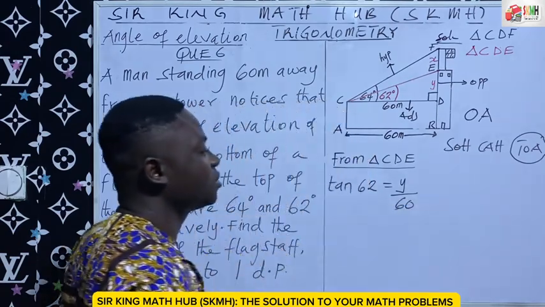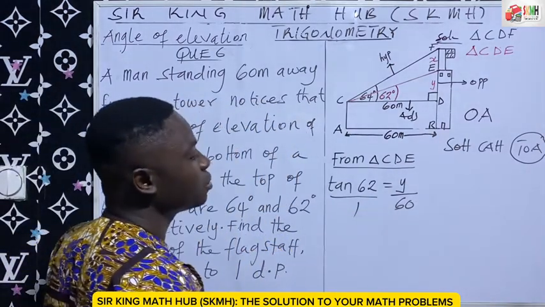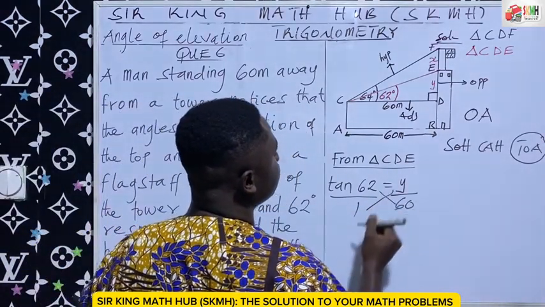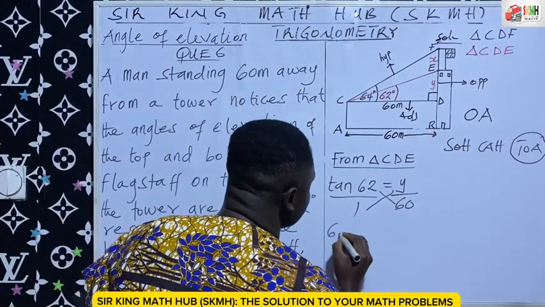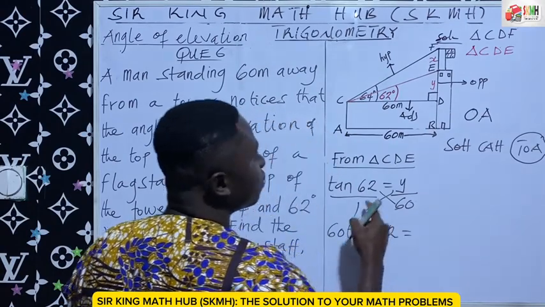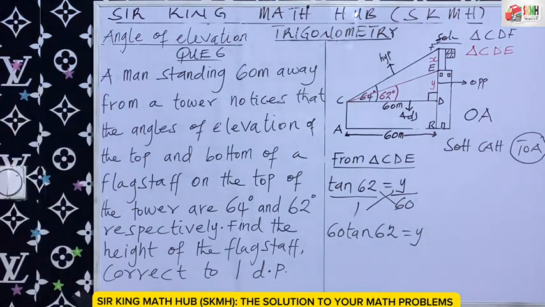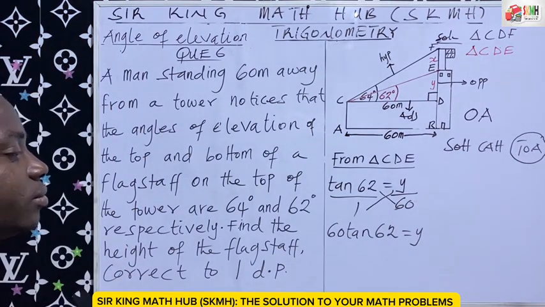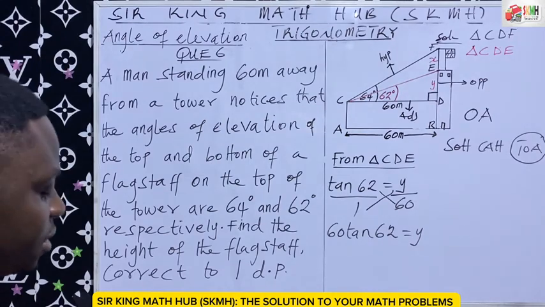Now tan 62 is the same as tan 62 on 1. So we can do the cross multiplication. So 60 times tan 62, and then 1 times y. That should give us y. So from using our calculator, what is 60 times tan 62?